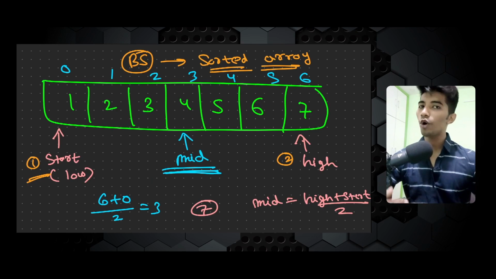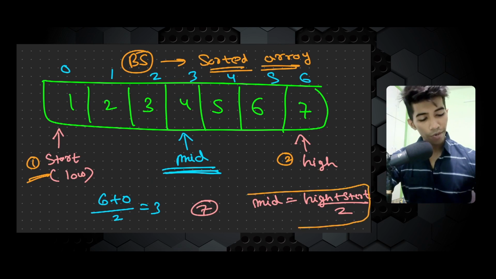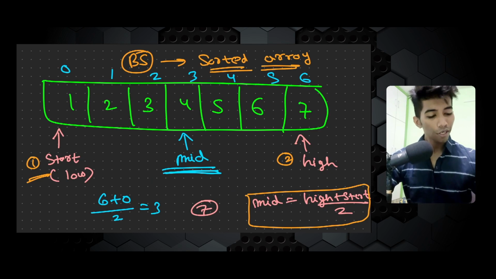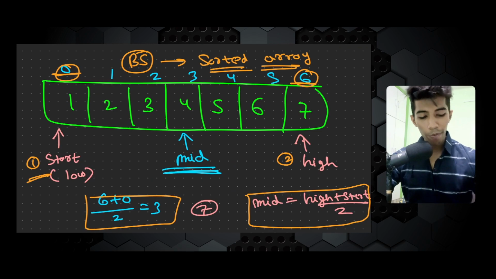Start is focusing on the start of your array, and high is focusing on the end of your array, and then we calculate the mid. Mid is the sum of high plus start divided by 2. Now your high and start are not the elements, they are their indexes. Like here it is 6, here it is 0. So 0 plus 6 divided by 2 is 3. So here my mid pointer will be.